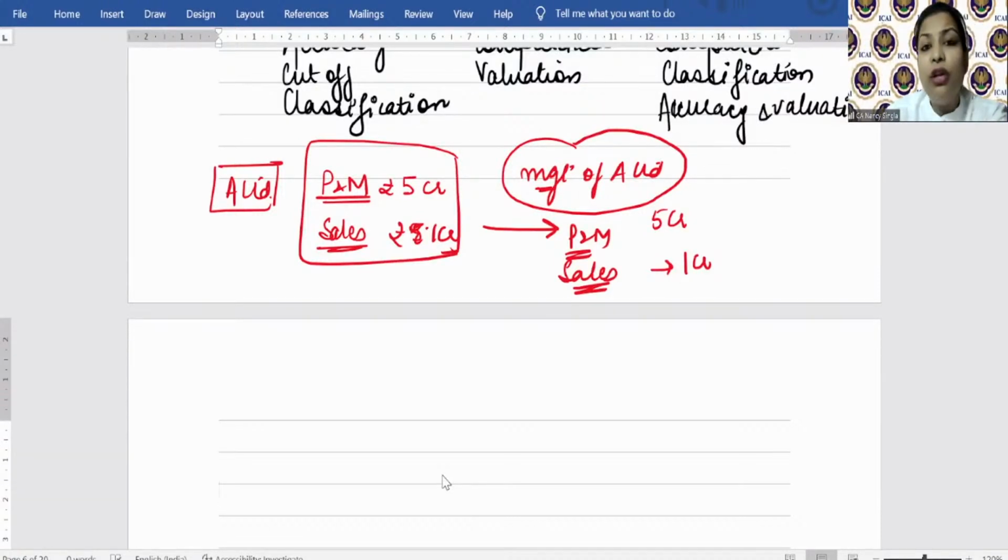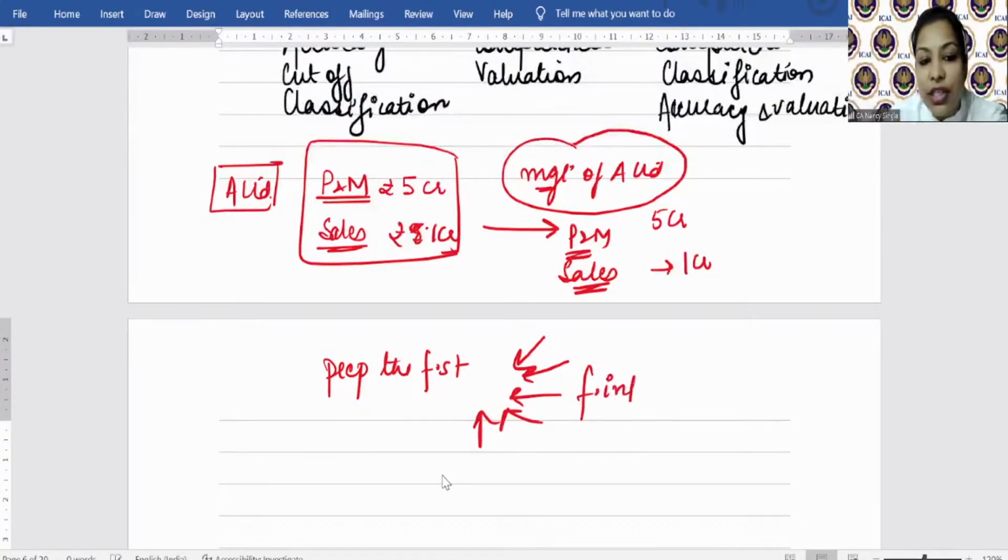The management of A Limited will prepare the financial statements and mention all such financial information in the financial statements, and such financial statements will be used by the users of the financial statements.